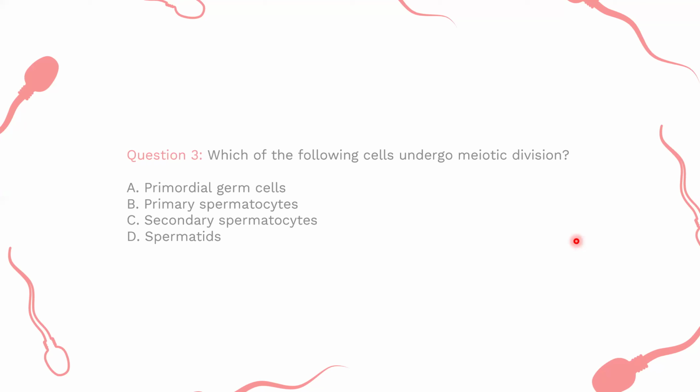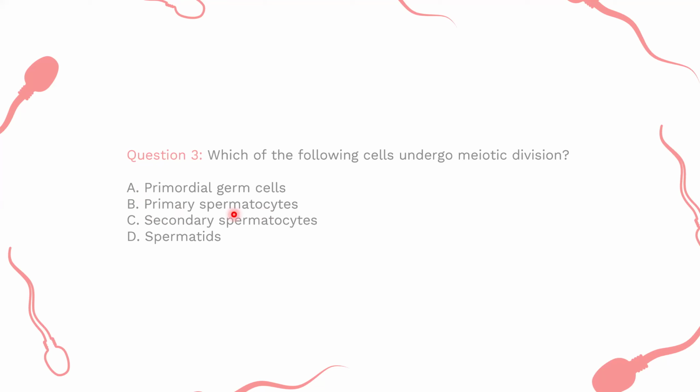Question 3, which of the following cells undergo meiotic division? A, primordial germ cells, B, primary spermatocytes, C, secondary spermatocytes, and D, spermatids. So it's meiotic division, not mitotic. The answer for this one would be B, the primary spermatocytes.